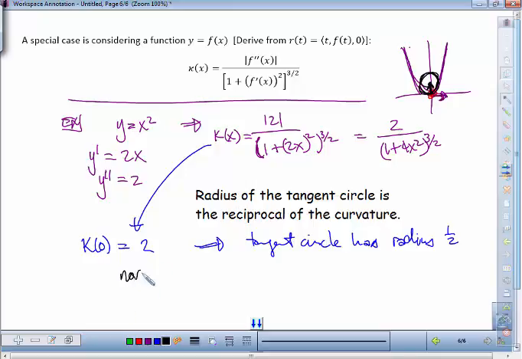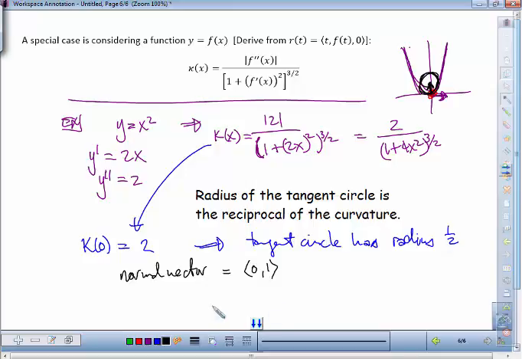So the normal vector is equal to 0, 1. So if we go in that direction, and give it a radius of, I'm sorry, a radius of 1/2, then we can find the equation of the circle.